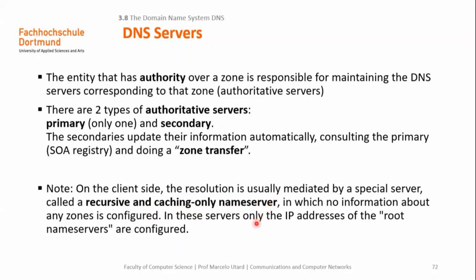In these servers, only the IP addresses of the root name servers are configured. Remember that there are several root level name servers, and in fact we typically configure only those root name servers in a caching only name server.